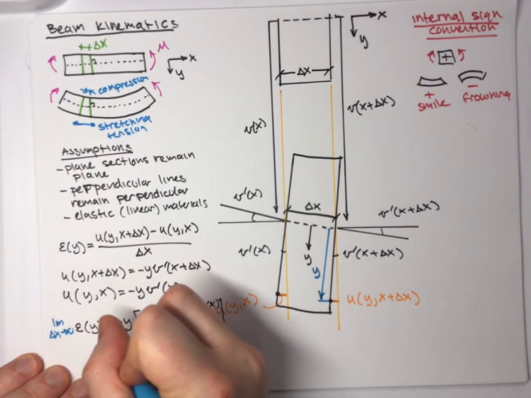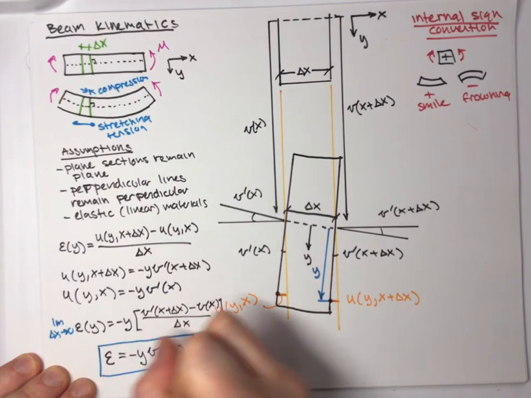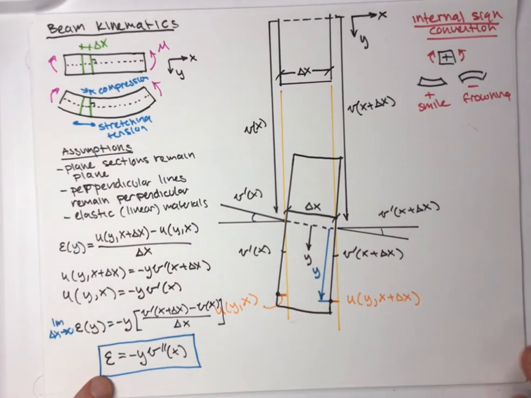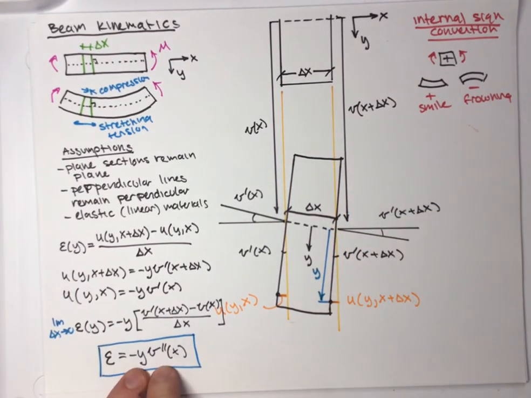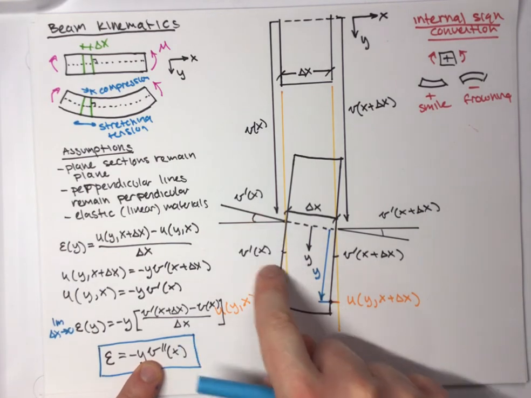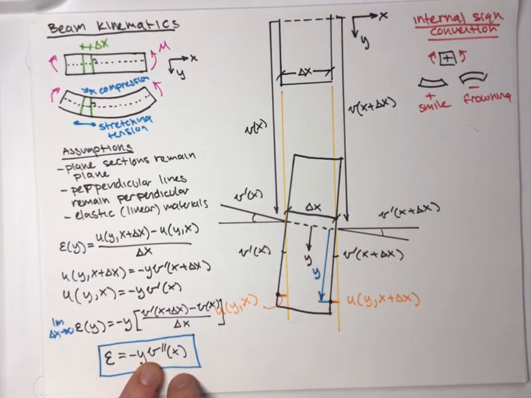And so now, from that, we figured out a relationship for the strain, which is a function of the location in the cross-section, y, and the curvature, which ends up being the derivative of the slope.